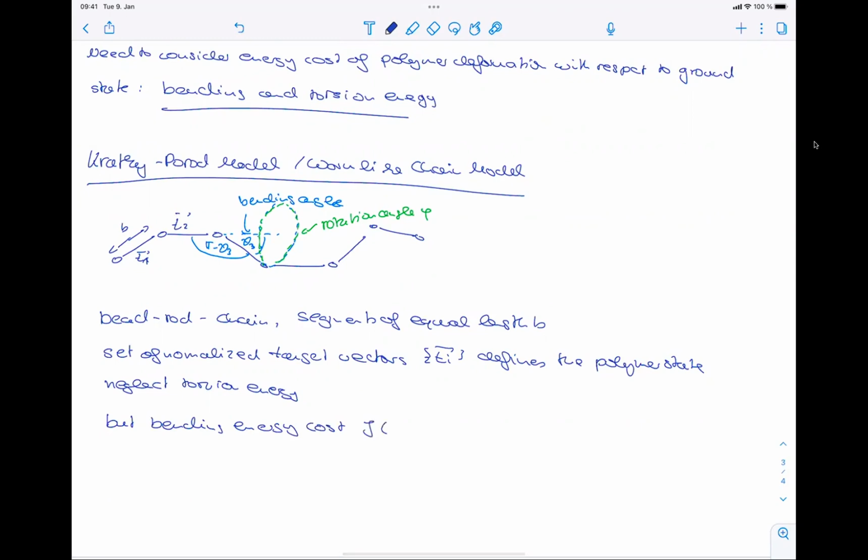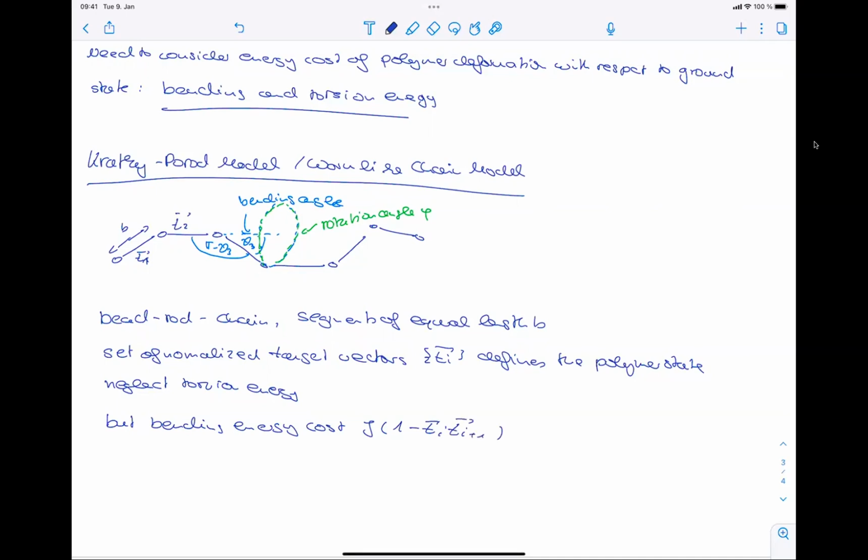And so the bending energy cost is proportional to, so there wouldn't be any bending if two subsequent tangents are happily aligned, so the product of Ti and Ti plus 1 is 1. Any deviation from this one is my bending cost.